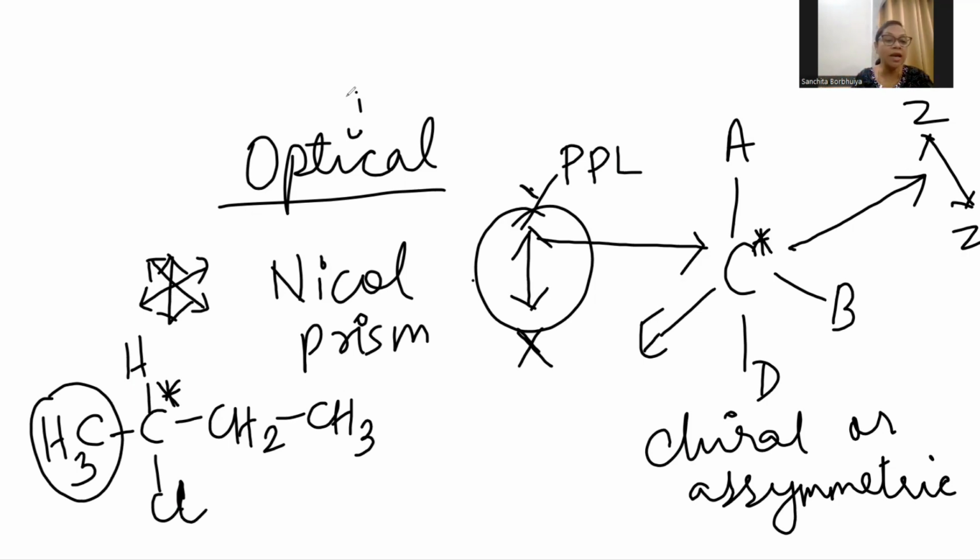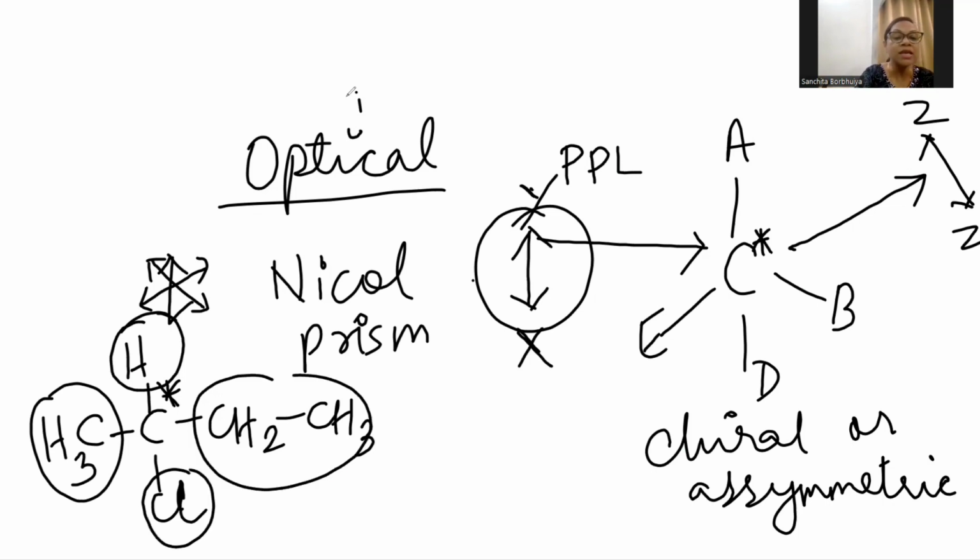The second carbon has 4 different groups. I'm circling the groups 1, 2, 3, and 4. You have 1 group hydrogen, 1 group CH3, the 3rd group Cl, and the 4th group CH2CH3. This makes this carbon chiral. And if this compound is exposed to PPL, it will rotate PPL and it is proved optically active.